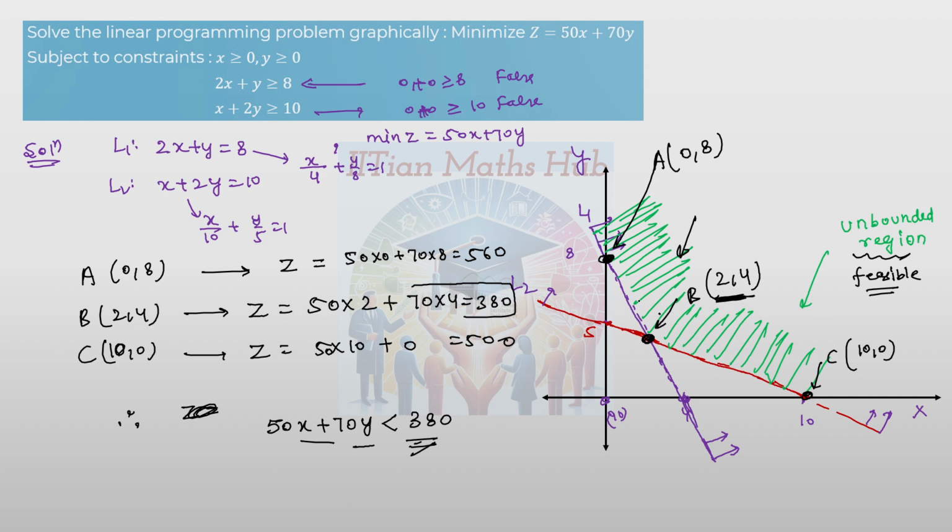You are saying correctly, but the point is, when two linear inequations are involved here, we always talk about the point which is common. So in this case, these are the corner points, but they are not giving us the minimum value. The minimum value is occurring only at B. So whatever point we get in the green color region, that point should be common to both of them, or we can say the point of intersection.